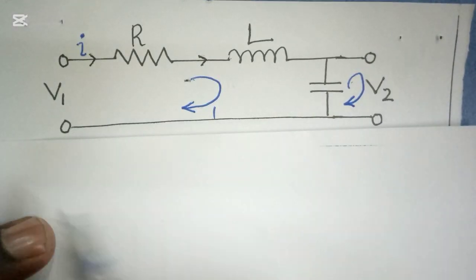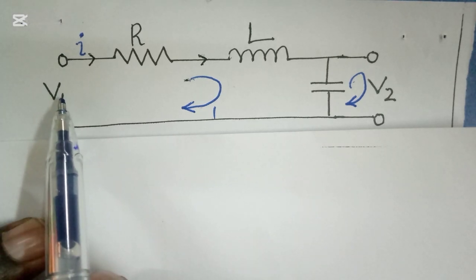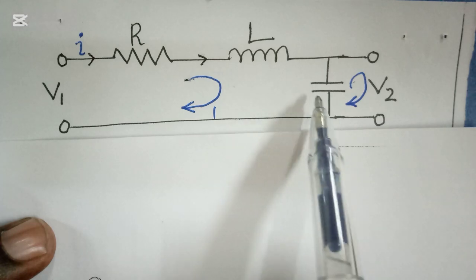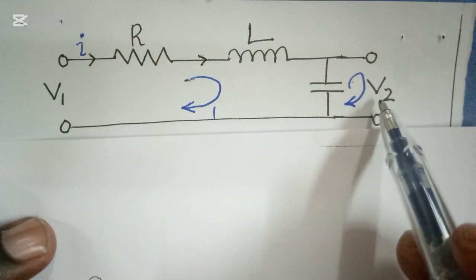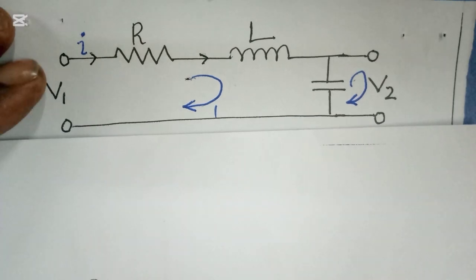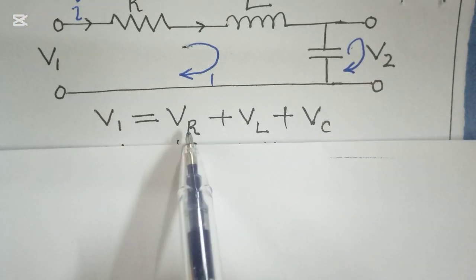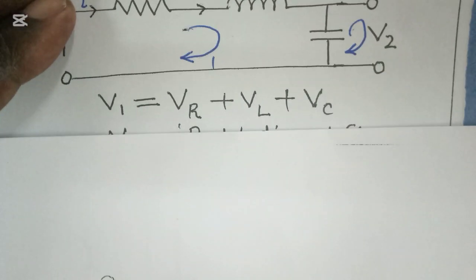Loop 1 is represented by V1, whereby V1 is equal to VR plus VL plus VC, and loop 2 gives V2 equals VC. This is what I have already done here.